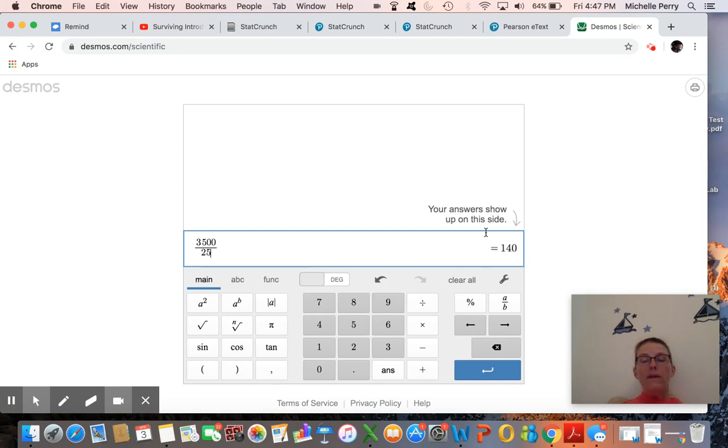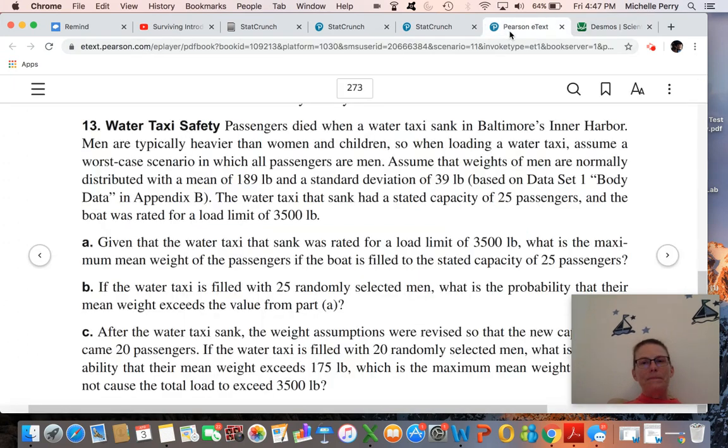So we see that no more than 140 pounds per passenger is going to be in check with the load limit of 3,500 pounds. Okay, now that's part A. Let's go back to part B.